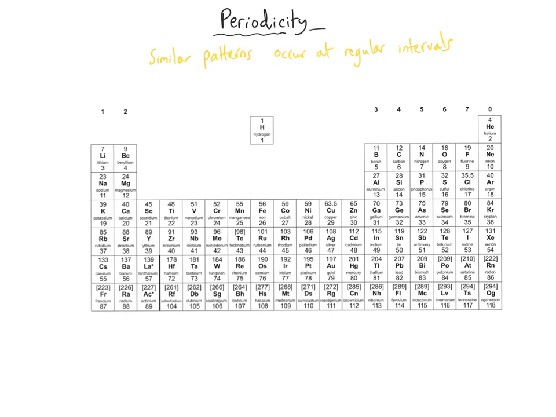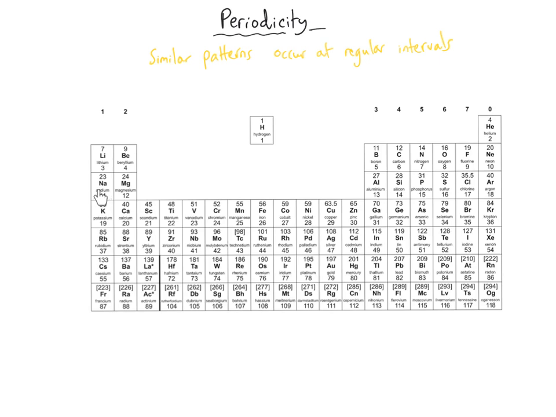So what we mean by the periodic pattern, the pattern occurring at regular intervals, is that if you take an element, and I'm going to pick lithium, and we count 8 elements on, 1, 2, 3, 4, 5, 6, 7, 8, we arrive back at an element that is really, really similar to lithium.